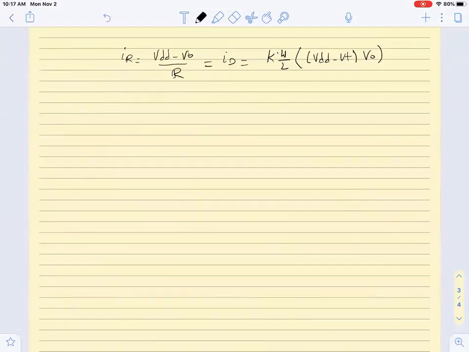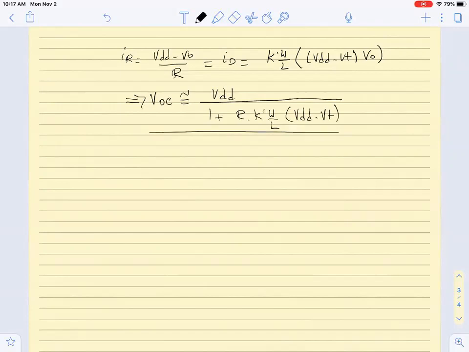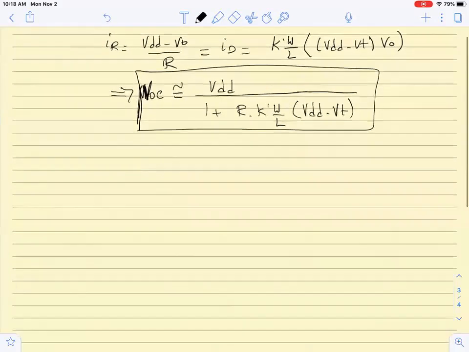This gives me a solution that at point C, VOC is approximately, because we cancelled the square term, VDD over 1 plus R times K prime W by L times VDD minus VT. Okay, so we now can solve for the lowest output VOC of the transistor resistor circuit.